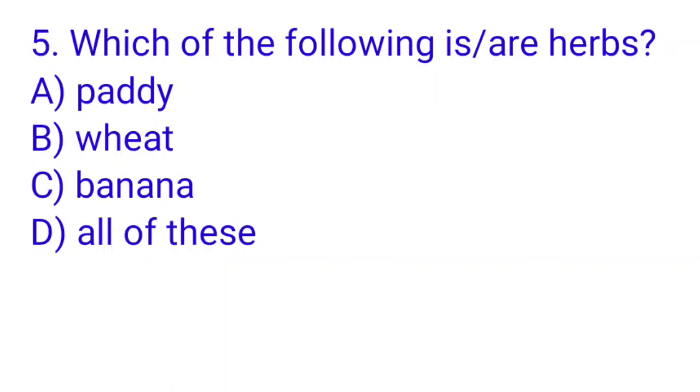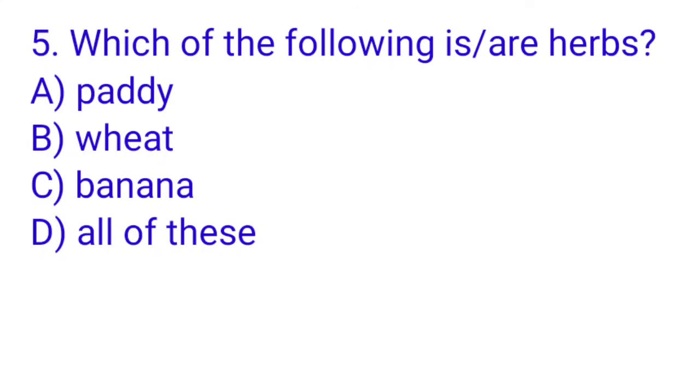Yes, beta, think which will be the right option. Oh yes, D, all of these, is the correct option, because herbs are the plants which have delicate green stem.